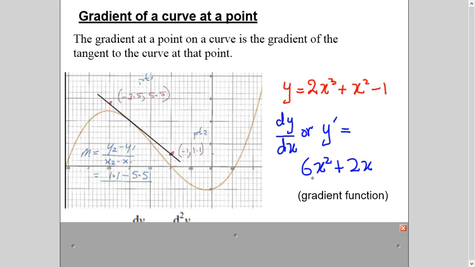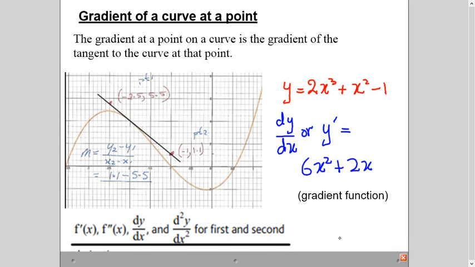Whenever you differentiate the function, it helps you find the gradient at different points on the curve, and you just need to plug in the value of x. If you plug in 2.5 in this equation, by the way, this equation is not representing this curve actually. I've just taken a random example to explain the concept. So finding the gradient of a curve at a point means you have to differentiate the equation and plug in the value of x.